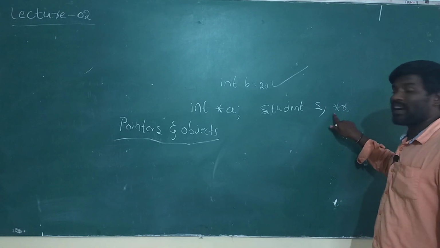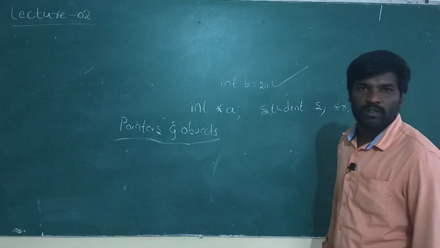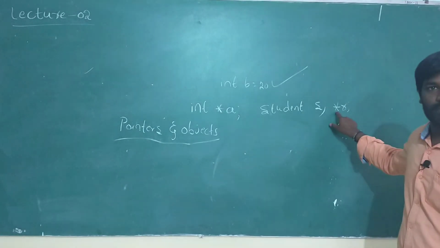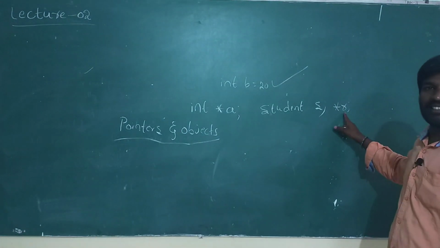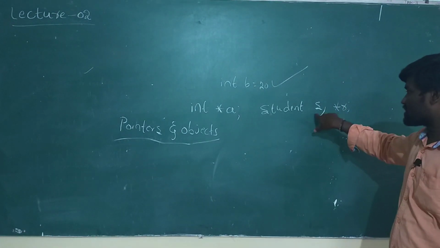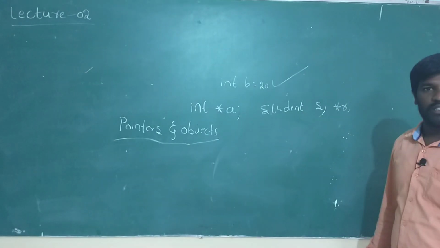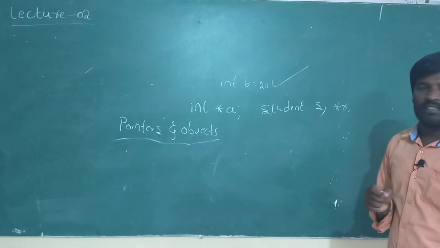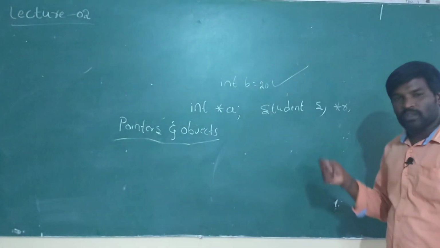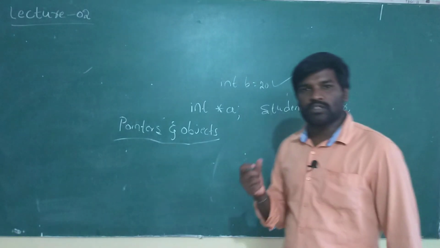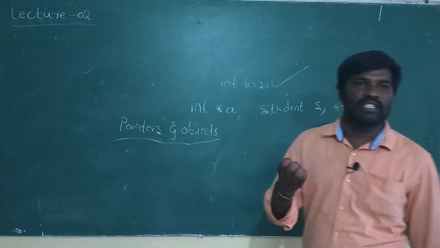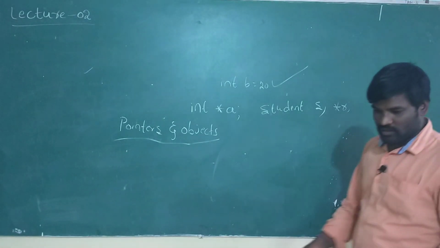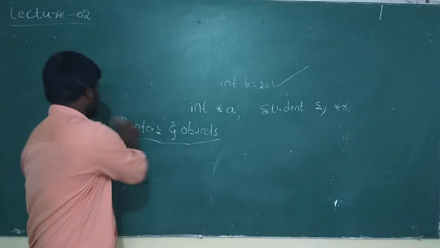It is a pointer. How to identify the normal object and pointer object is just by using the star symbol. Here *r indicates the pointer object, s indicates the normal object. If you are creating the pointer object, you must create the normal object, because the pointer object can hold the address of the normal object. So you can consider an example.